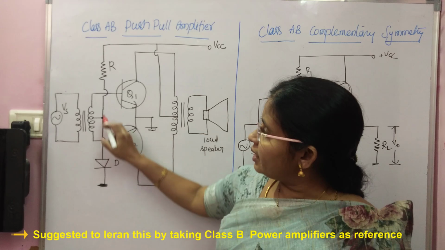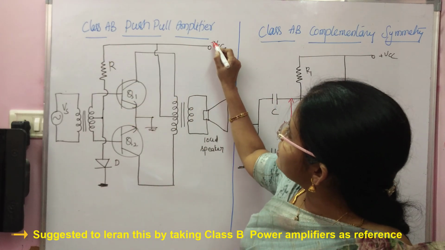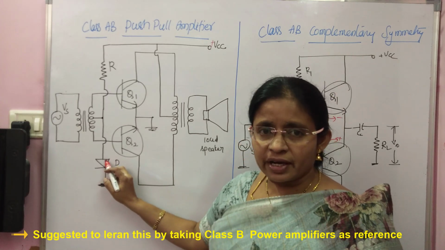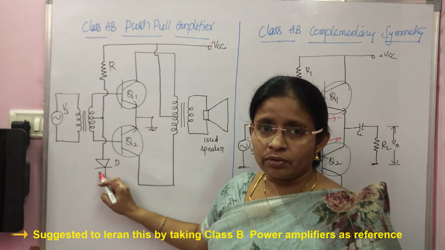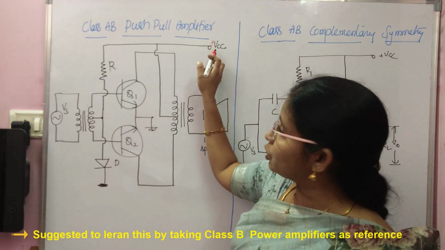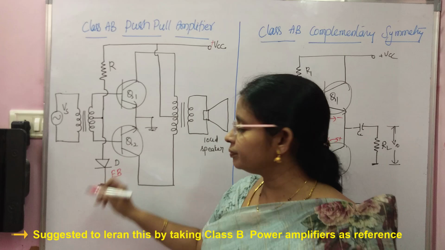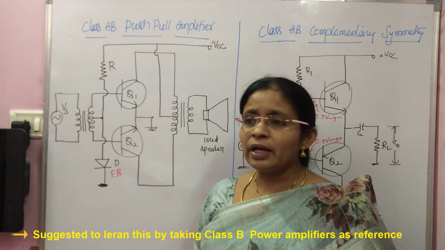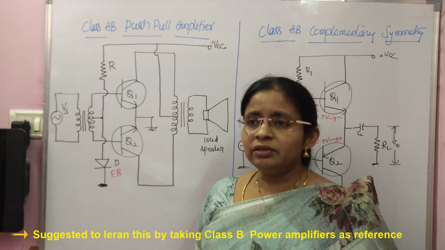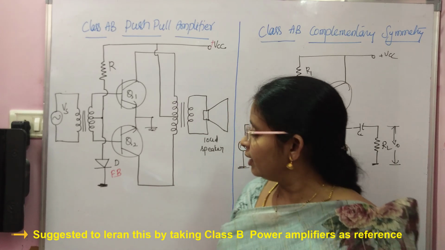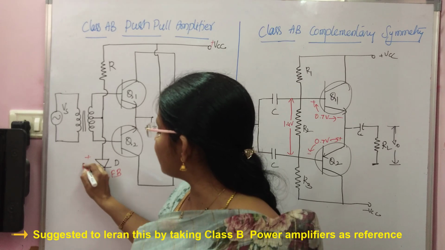Diode D is connected to plus VCC; this is the anode and this is the cathode. As the anode is connected to plus VCC, diode D gets forward biased. When the diode is forward biased, the voltage across it is its cut-in voltage. So what is the voltage across this? V gamma.